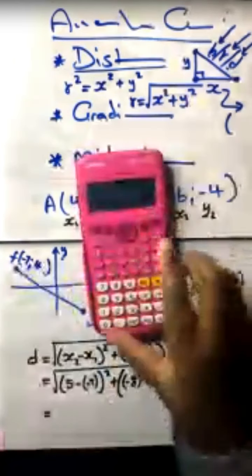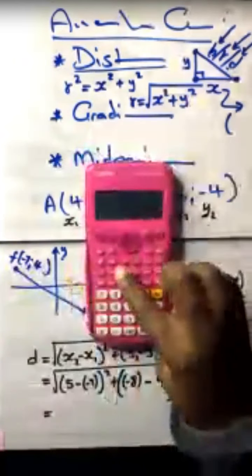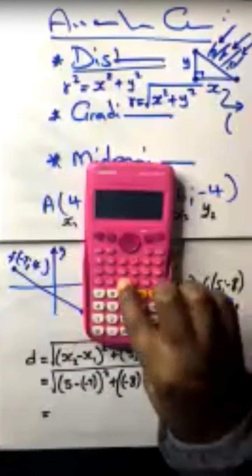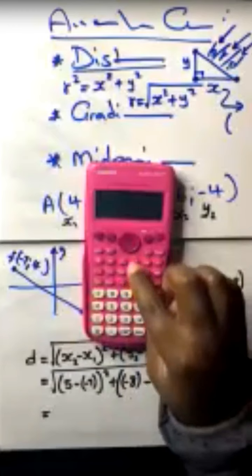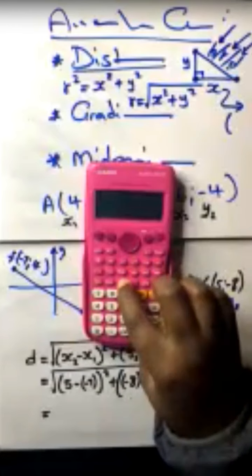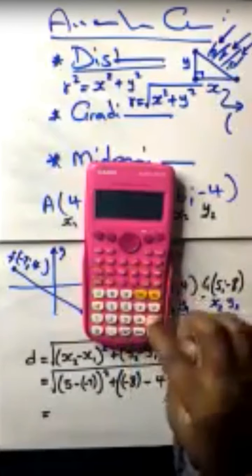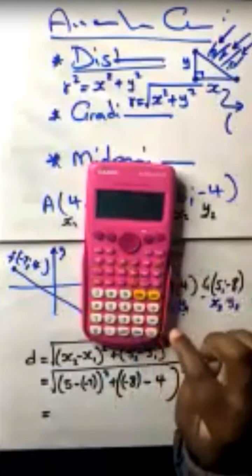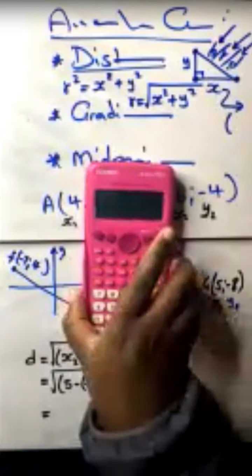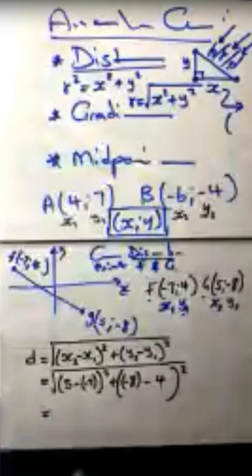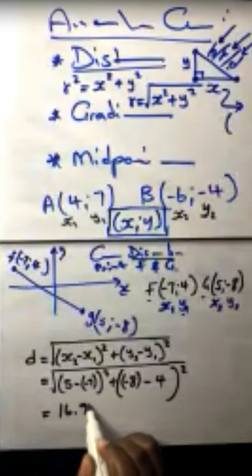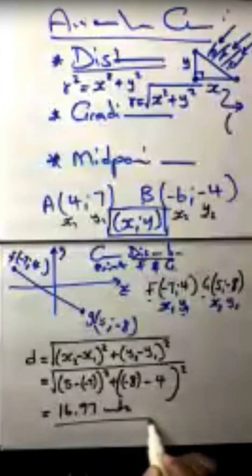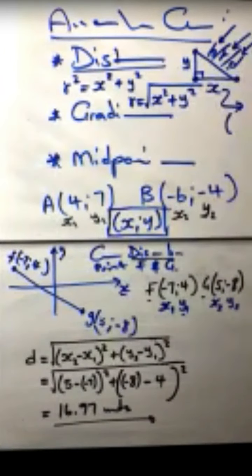We square root, let's see, it's the square root of (5 minus -7) squared plus (-8 minus 4) squared, which is equal to 12 square root of 2, which is 16.97 units. Shreyas, did that make sense to you?